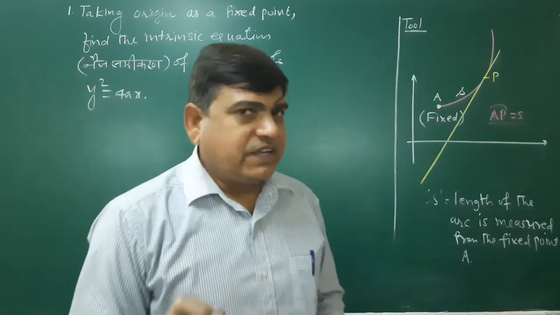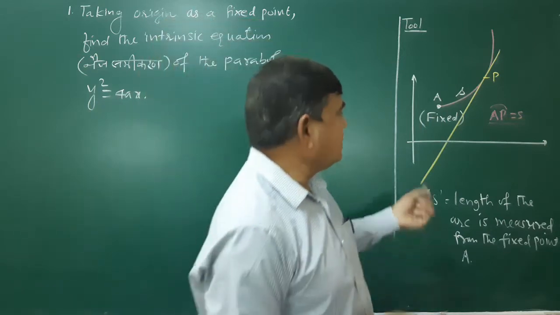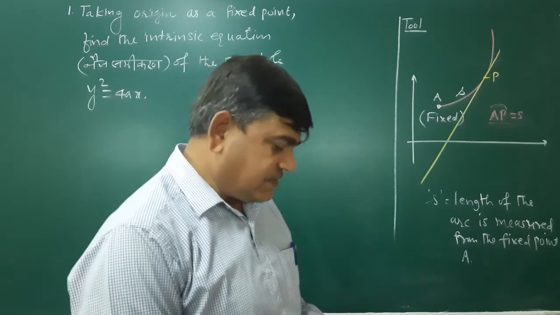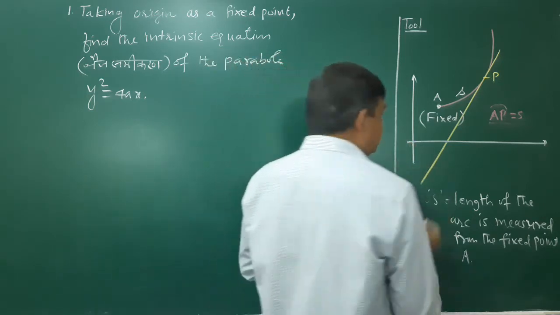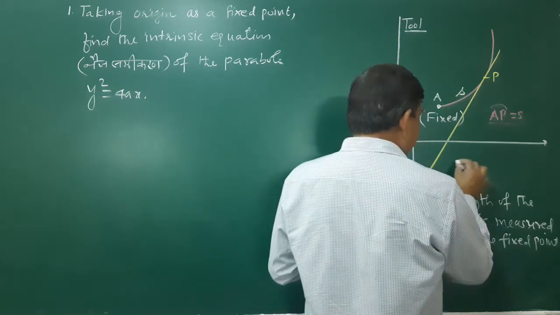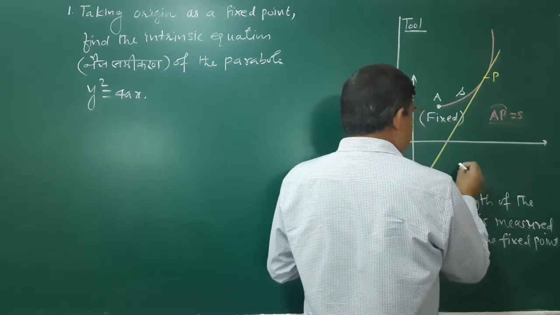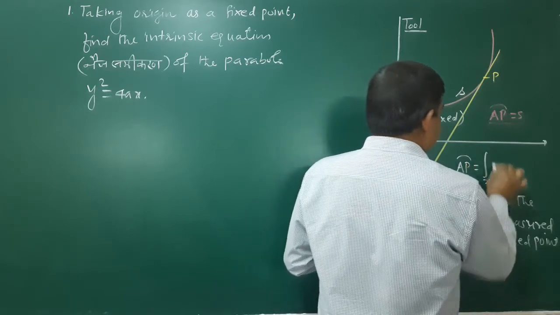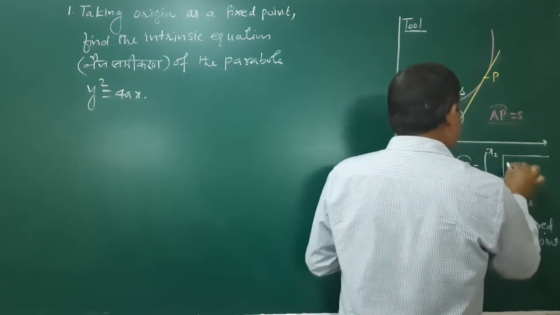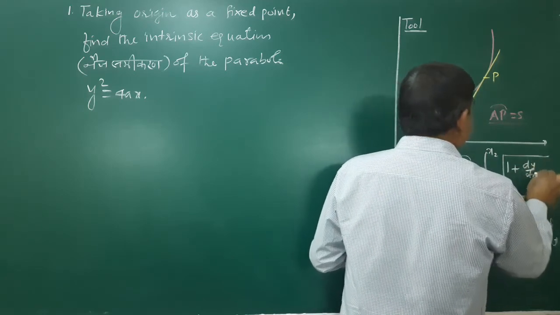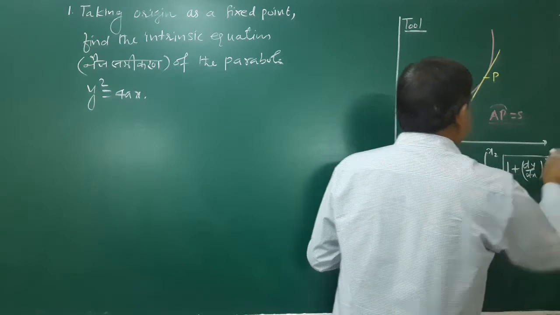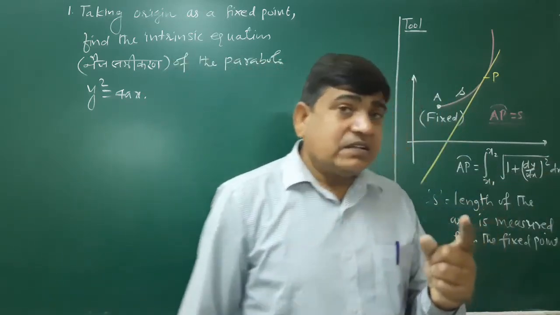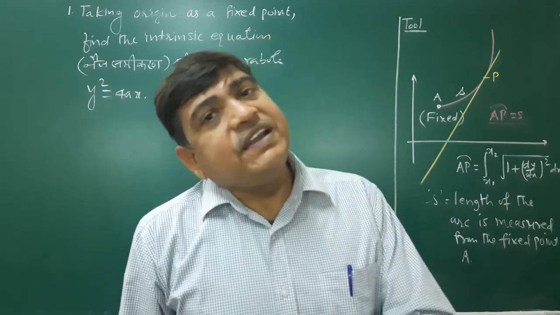In the chapter on rectification, we have done several results. Length of the arc, suppose I say AP, is the integral from x1 to x2 of root of 1 plus dy by dx whole square dx, when we consider y in terms of x.